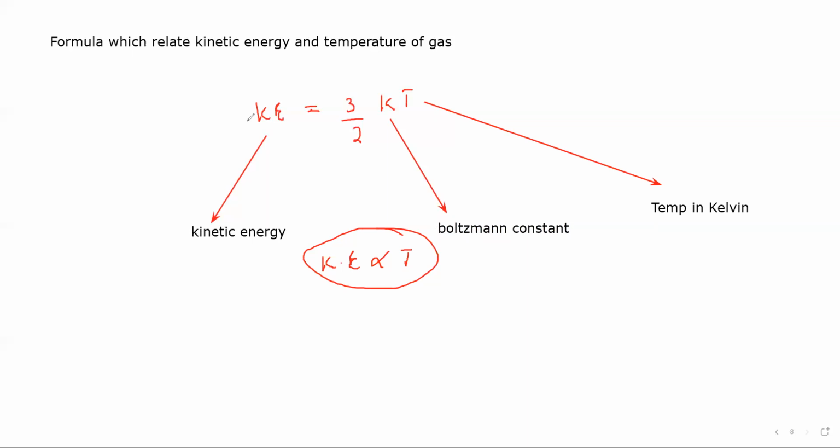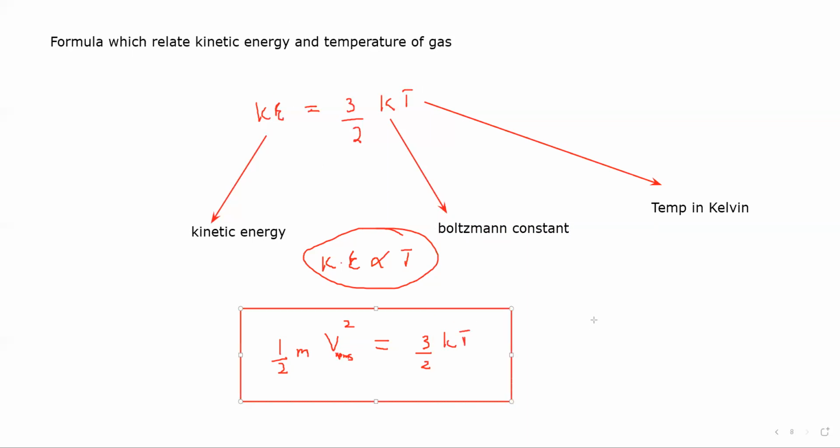And we know the kinetic energy of a gas is half mv square. But what is v here? v is Vrms. What is the meaning of Vrms? It means root mean square speed. And that is equal to 3 by 2 kT. So this is a formula which relates the root mean square speed with the temperature.